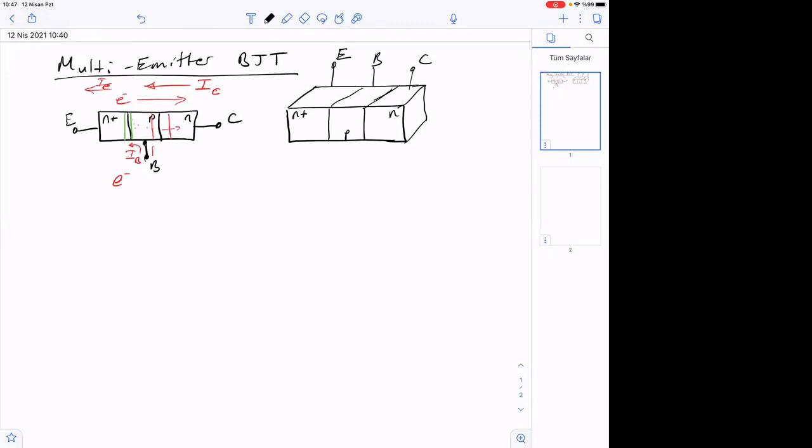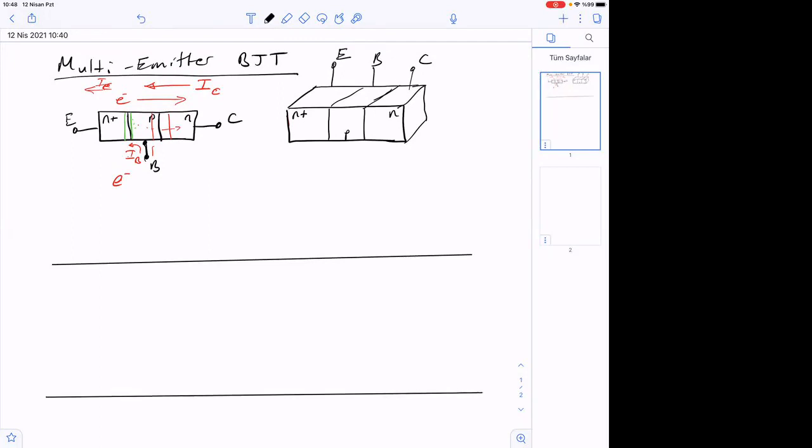This is just the concept, but in the fabrication of the IC, we take this silicon wafer. This is the silicon wafer, and this is the cross-sectional view.